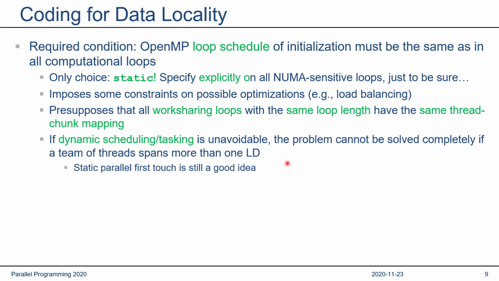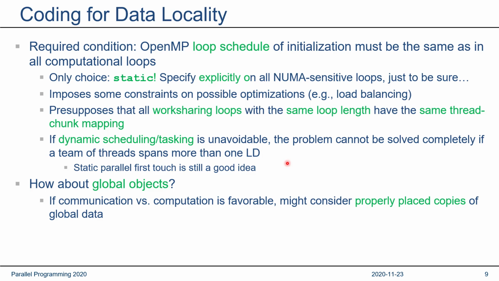But even if this is the case, it's still a good idea to use parallel first touch to distribute the memory pages throughout the system so that even though you have some non-local access, at least on average, you have parallel access. Now, everything is better than placing it all into the first NUMA domain. So parallel first touch with static scheduling is still a good idea.